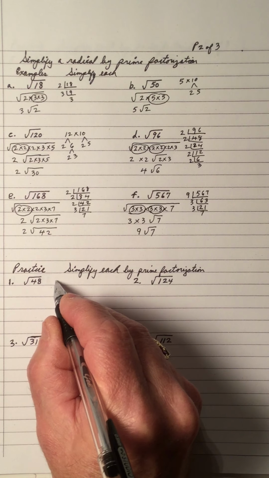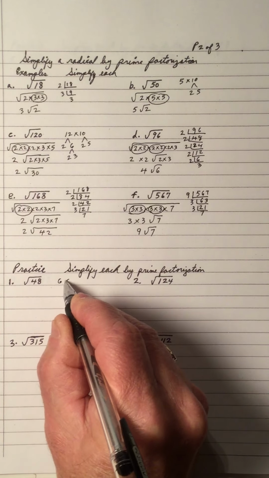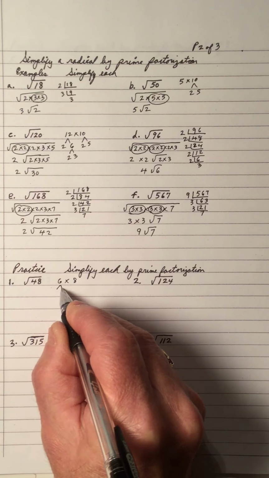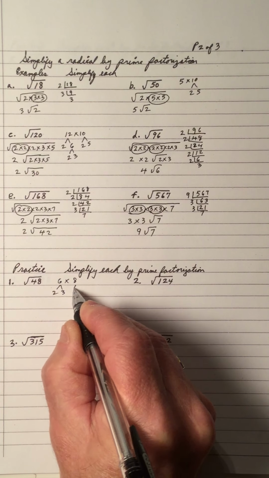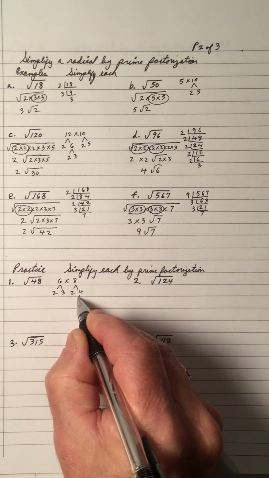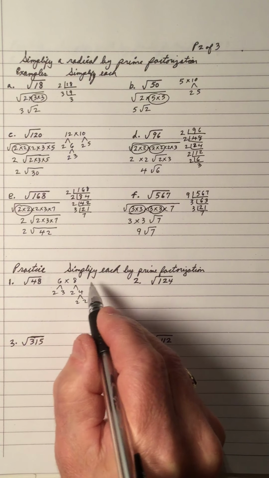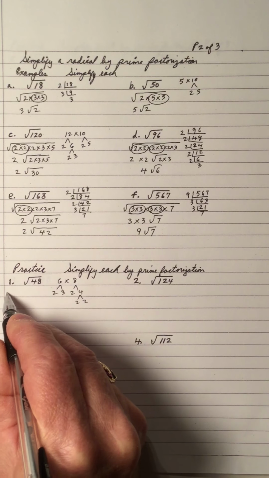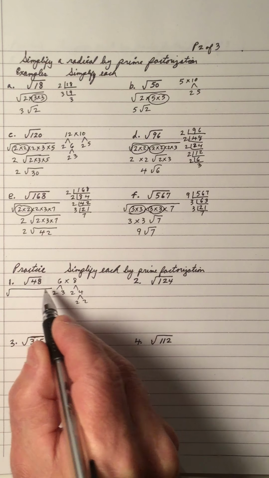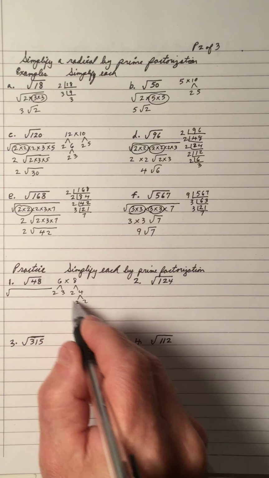So root 48 is, let's go this way, 6 times 8. And 6 is 2 times 3, 8 is 2 times 4, and 4 is 2 times 2. If you wanted, you could have started dividing by 2 down the line, and you still get there the same way, but since I see 48 as 6 times 8, that's faster.